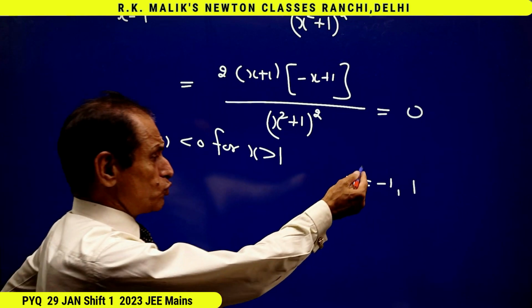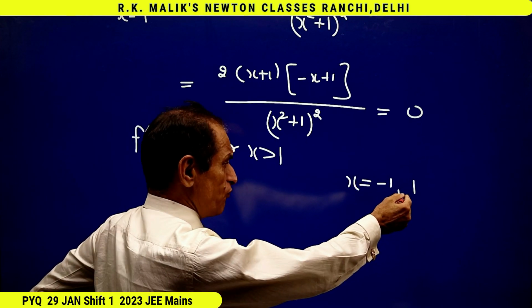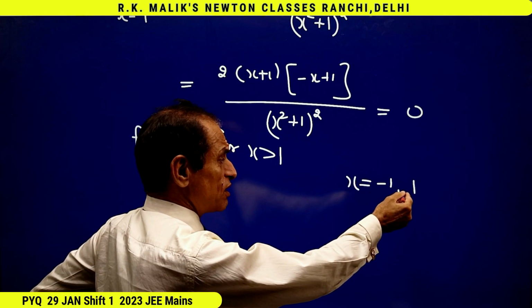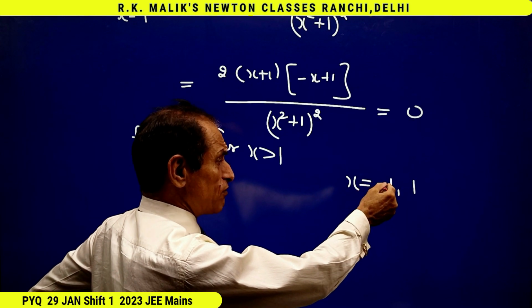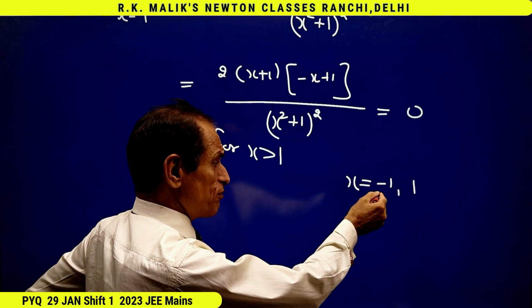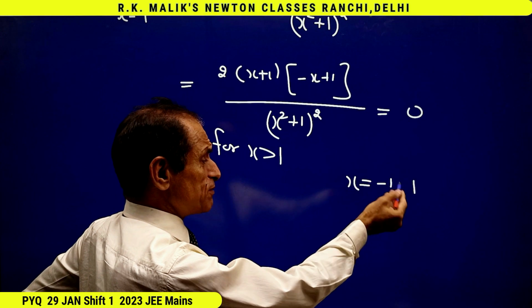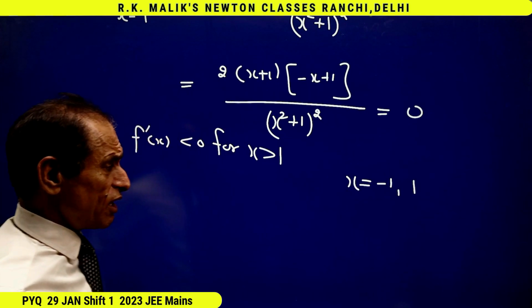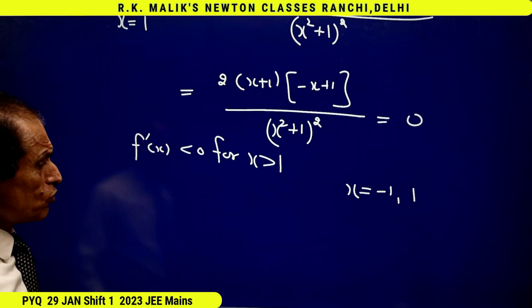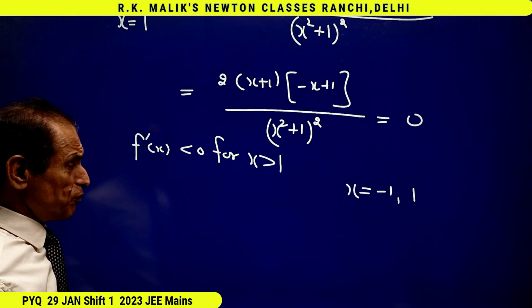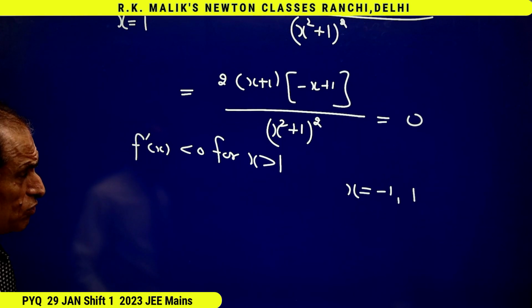And because there are two turning points, if one is giving local maxima, the other turning point will surely give local minima, because maxima and minima always come alternately. Note that all these things are applicable when the function is continuous.